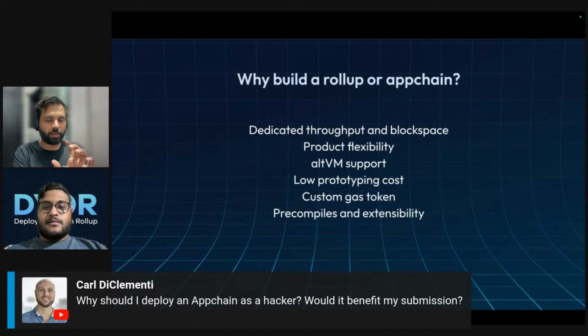So use case specific development is another pro of making an app chain. For example, you gave the example of Base, right? Yes, it's very fast, but it's still being used by a lot of people for a lot of different kinds of use cases. So just imagine a chain specific to your game, just processing the transactions from your game's users. That's going to be very fast compared to even the fastest of the public blockchains.